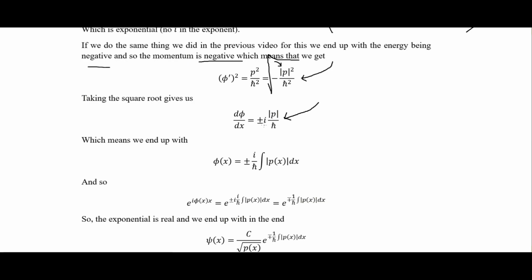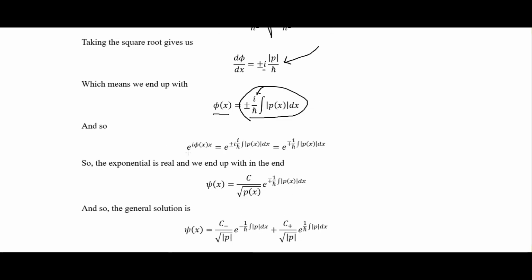So we end up with this imaginary part, which means that our phase phi is equal to this integral with this plus or minus, and then we have this i. When we put that into our exponential, which has this i, we now have i times this i, which changes this plus minus into a minus plus.